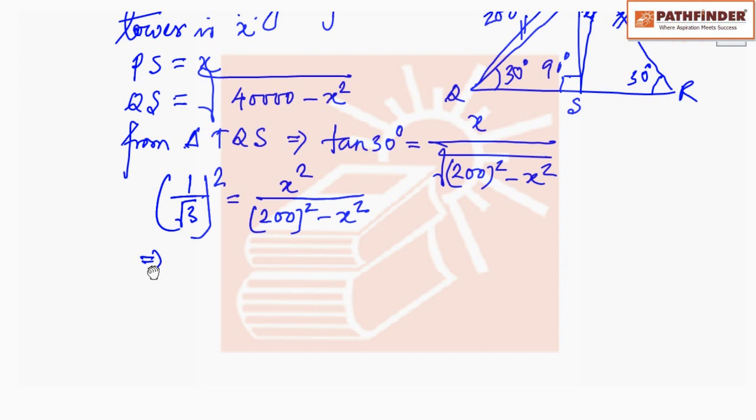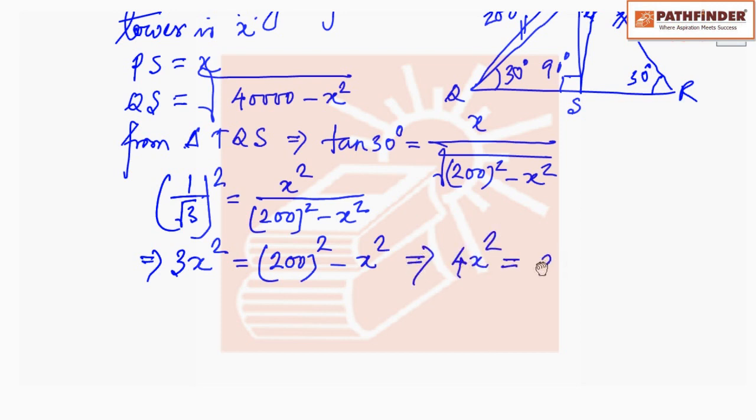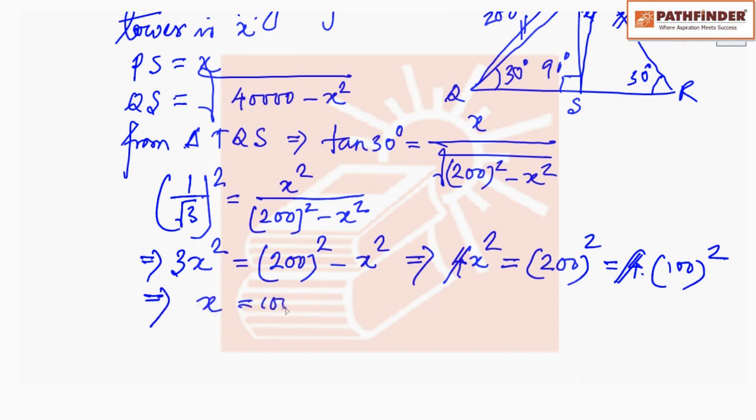That means 3x square equal to 200 square minus x square, implies 4x square equal to 200 square. That means 4 into 100 square. So 4 cancels out. So x equal to 100.